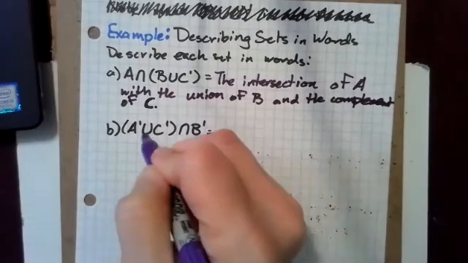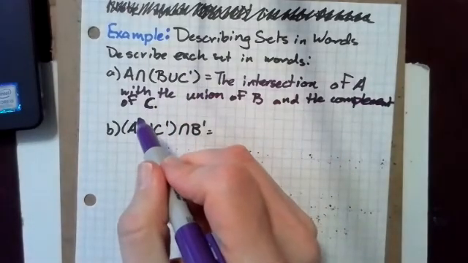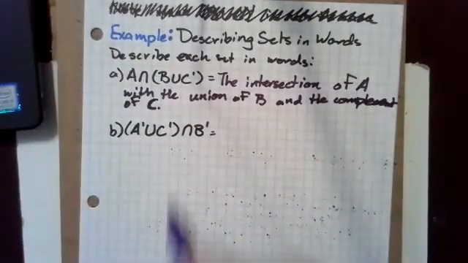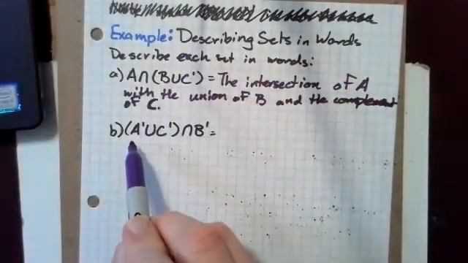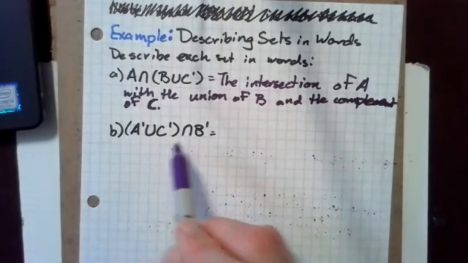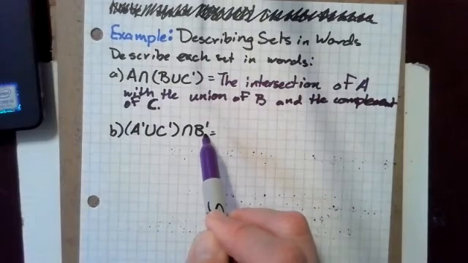Second, we have the intersection of the union of A prime and C prime with B prime.